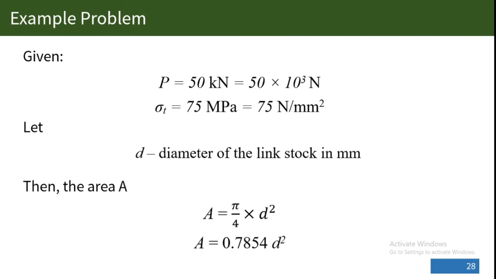The cross-sectional area of the link stock is a circular area, so the formula we'll use is the area of a circle, pi over 4 times the diameter squared. So the area is equal to 0.7854 d squared. D squared is still unknown here, since this is the requirement of this problem.